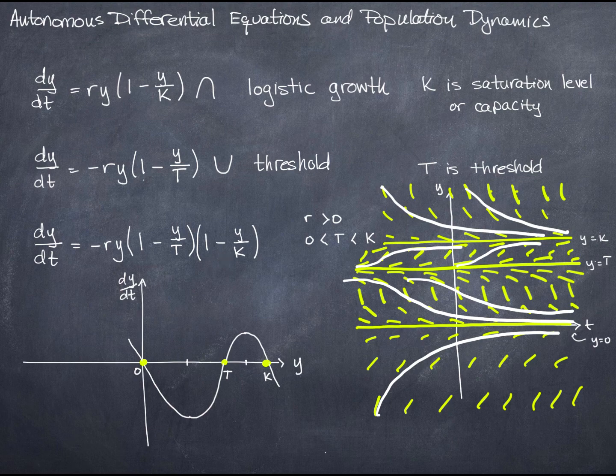Something to keep in mind that we haven't really discussed is that, with one exception on the previous screen, we haven't done any actual examples, right? We didn't take a differential equation with numbers in place of r and t and k.